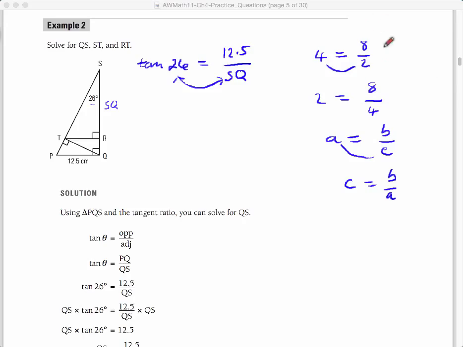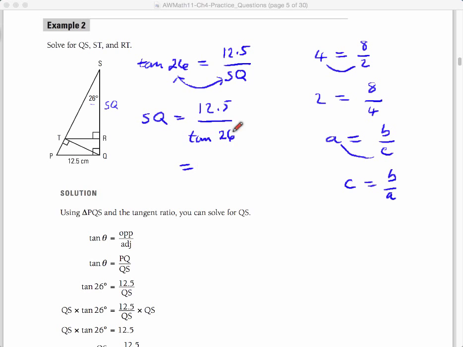We can show this algebraically the long way, but if you take it from me, that's exactly what will happen each time you try this. No matter what values you use here, as long as this side equals this side, you can swap these two. So we can do this with this ratio right here. SQ equals 12.5 divided by tan of 26.